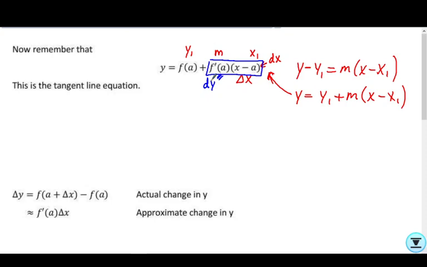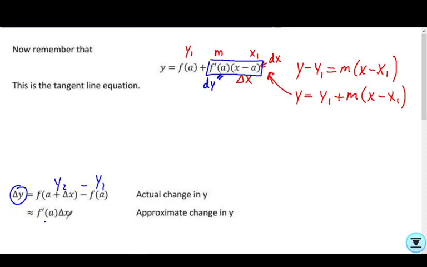The actual change in y, think of it more like slope, is basically y2 minus y1. The actual delta y, your second value, is x plus some change in x minus your original one. That's y2 minus y1, which is approximately the slope times a change in x.